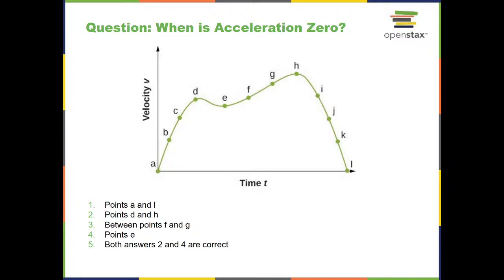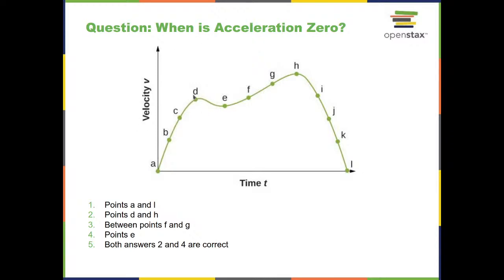Okay, let's see what answers we have. I see many question marks, which in this case is the correct answer. So both answers 2 and 4 are correct. The times when the acceleration is 0 are when the velocity is not changing.